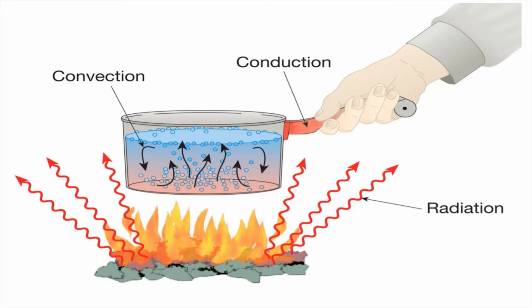We can sum up all three types of heat transfer in one diagram by looking at something as simple as a campfire. Imagine that you are camping and you hold a pot of water or stew above that flame. Well, right now in this picture, we are seeing all three types of heat transfer take place.